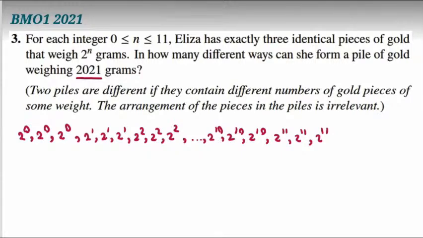It says 2021 grams. This year is 2022. It's good to consider prime factorization of 2022. For example, 2022 is a multiple of 2 and 3. And if you divide by 6, it will be 337, and 337 is a prime number.